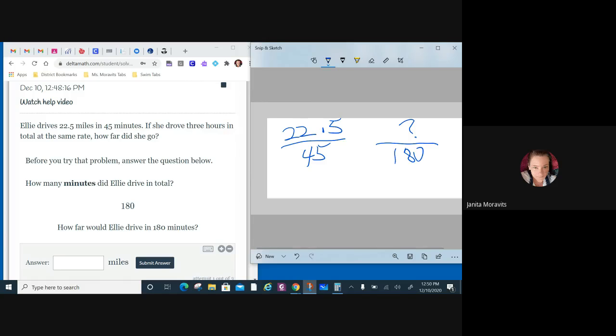Now remember, we can set this up like a proportion, just like this. And when you use a proportion, you can cross multiply.